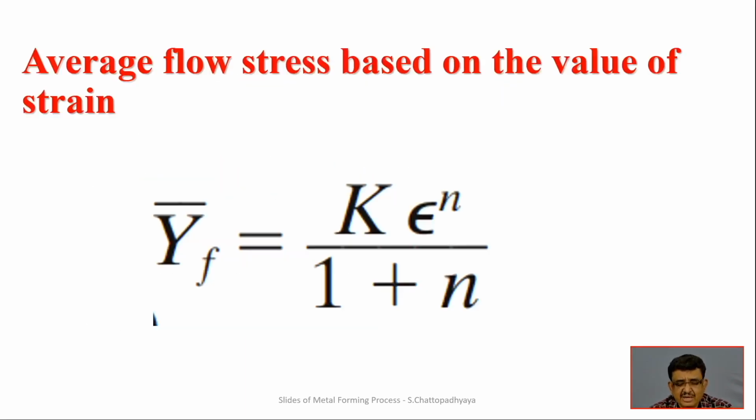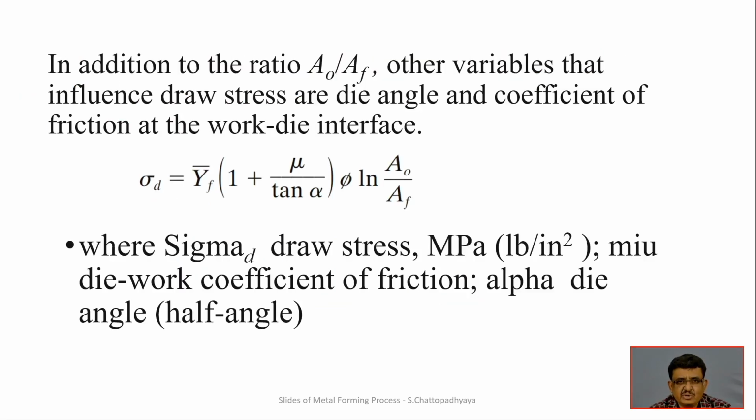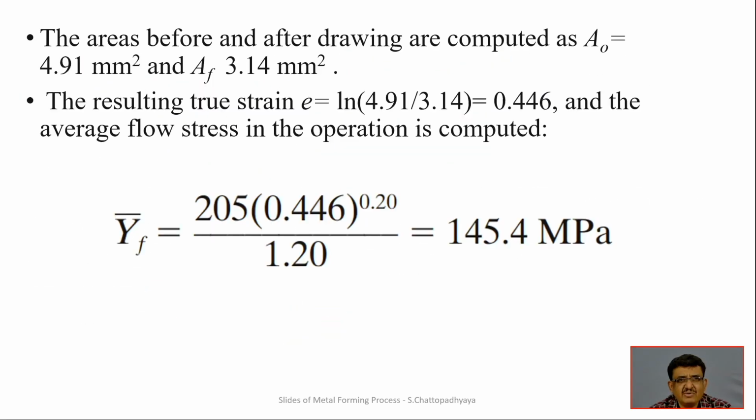Yf is equal to K into epsilon to the power n divided by 1 plus n. We know that n is equal to 0.2, it is already given, and K is 205, so 205 into strain to the power 0.2 divided by 1 plus 0.2. So that will determine the value of this thing.